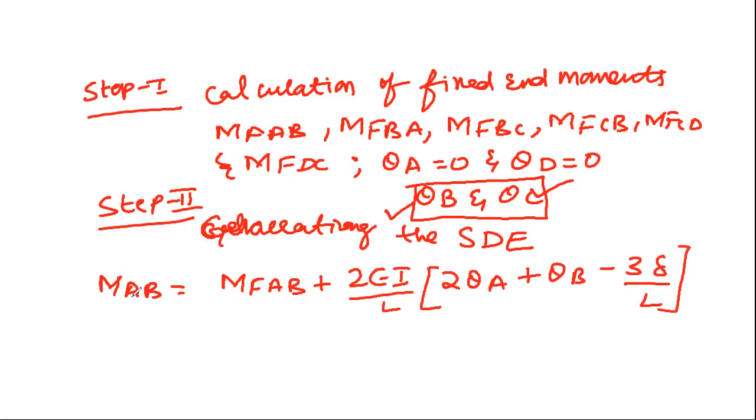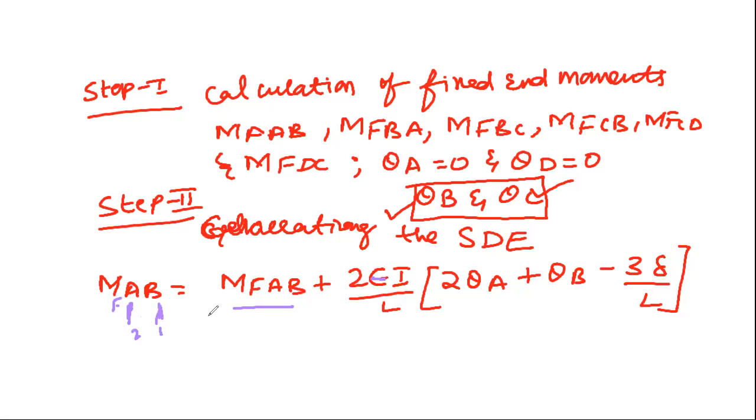For the first term, MFAB, you just put F here. Next is 2EI by L, into 2 times theta A, the subscript is multiplied by 2, and then plus theta B one time.